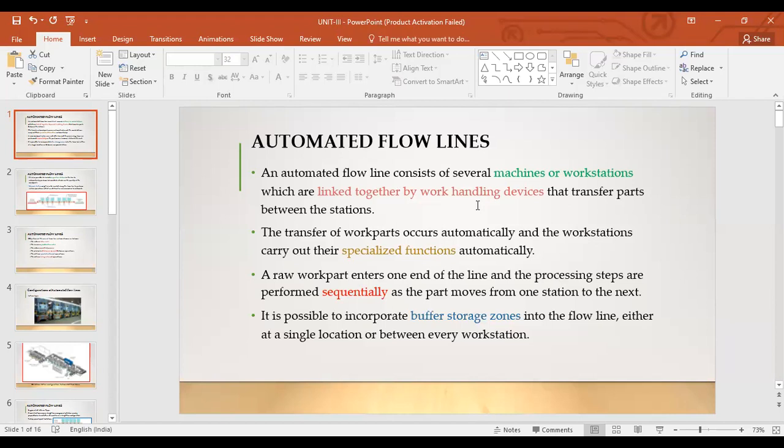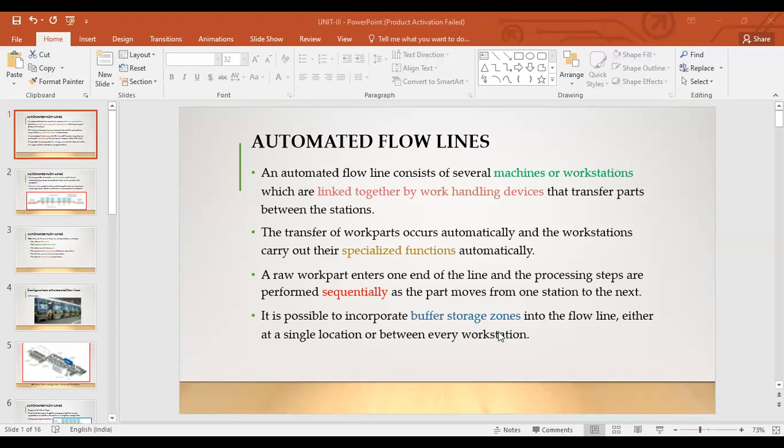Each machine is dedicated to a specific task, as I said, specialized functions. The transfer occurs automatically, and the stations perform sequentially, one station to the next.